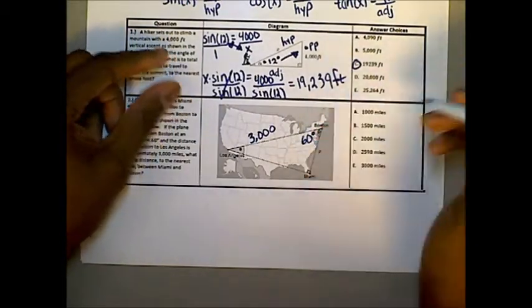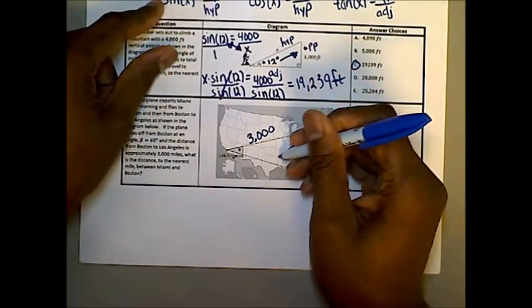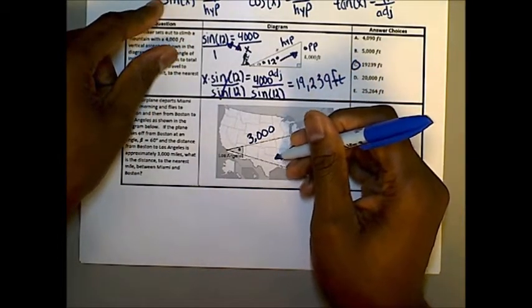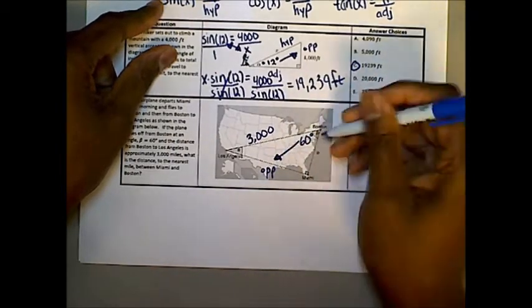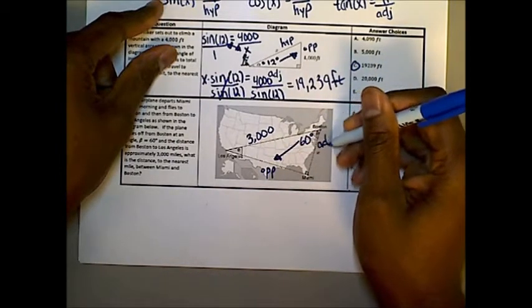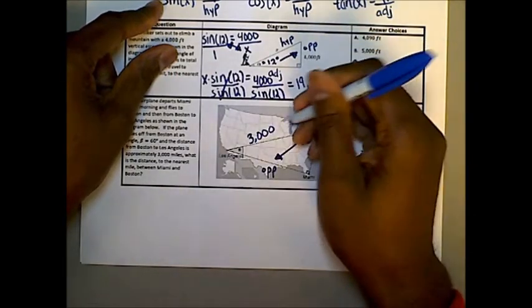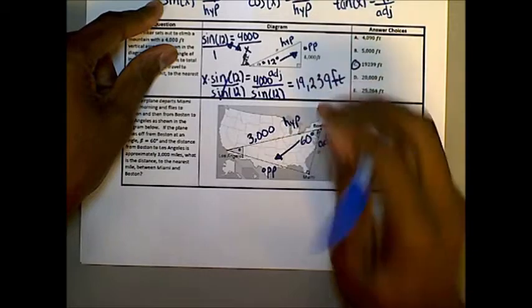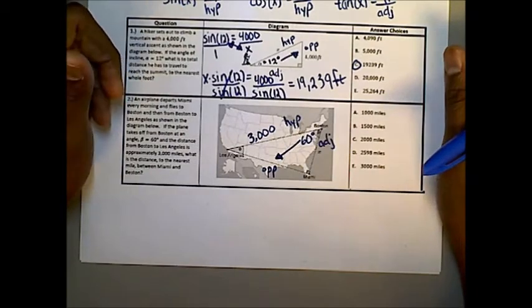So I need to identify my opposite, adjacent, and hypotenuse sides. Draw my arrow. There's my opposite side. X is my adjacent side. And the distance from Boston to Los Angeles, well, that's my hypotenuse, because it's opposite that right angle box, and it's the longest side of the right triangle. So now, how do I set up to solve?